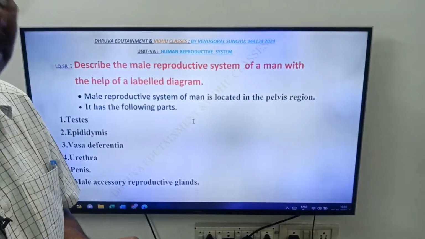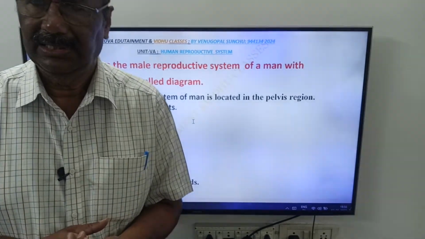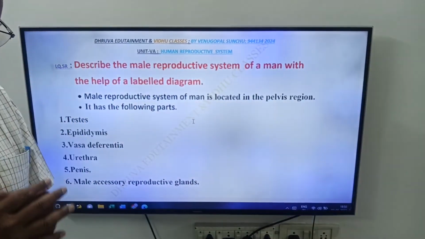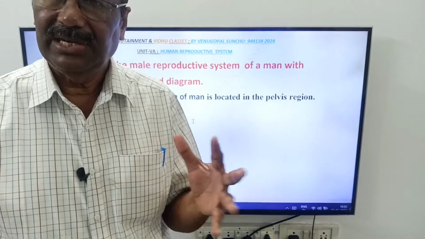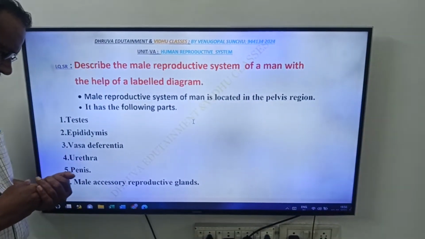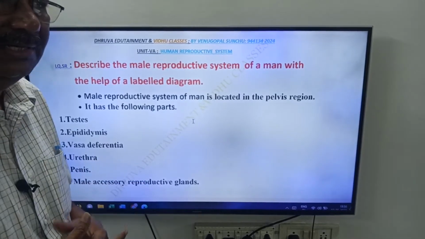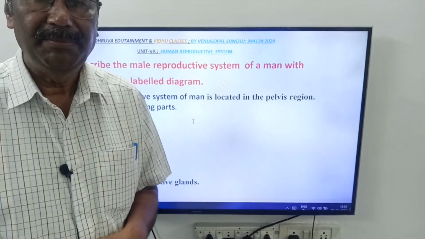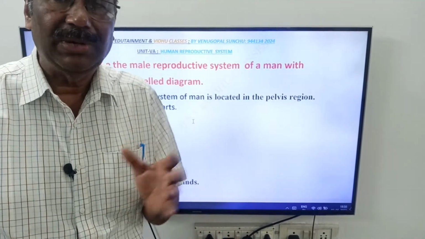They are testes, epididymis, vas deferentia, urethra, penis, and male accessory reproductive glands.